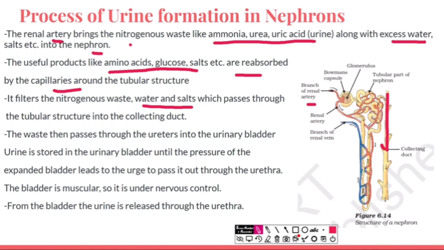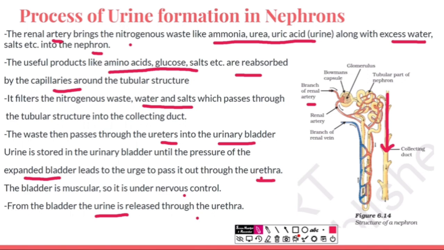From these collecting ducts, the final urine is produced, which from the ureters goes to the urinary bladder, and it is then stored in the urinary bladder. As I told you, it is a muscular organ, hence it can expand when the urine is stored in it, and then it moves out through the urethra. It is under our nervous control, and from the bladder urine is released through the urethra.